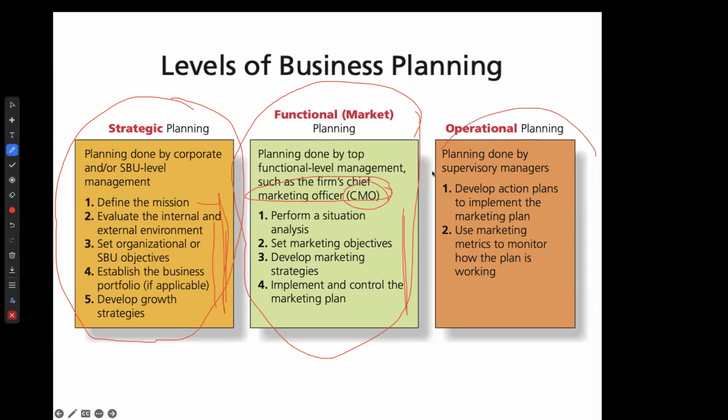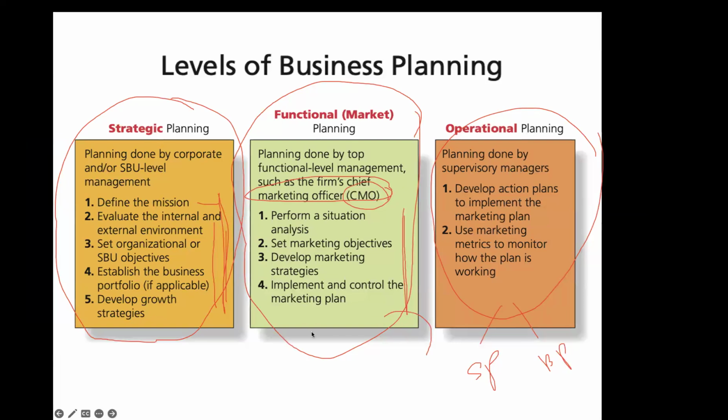And then you have operational planning. Operational planning would be the other areas in terms of the tactical areas, right? So within marketing, operational planning might be the brand plan or the sales plan, which is inside the marketing plan.